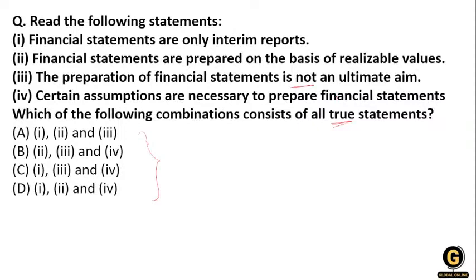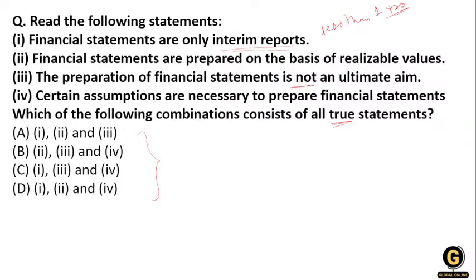When we talk about the interim report or interim statement, what is it? An interim statement or interim report is a financial report covering a period that is less than 1 year.